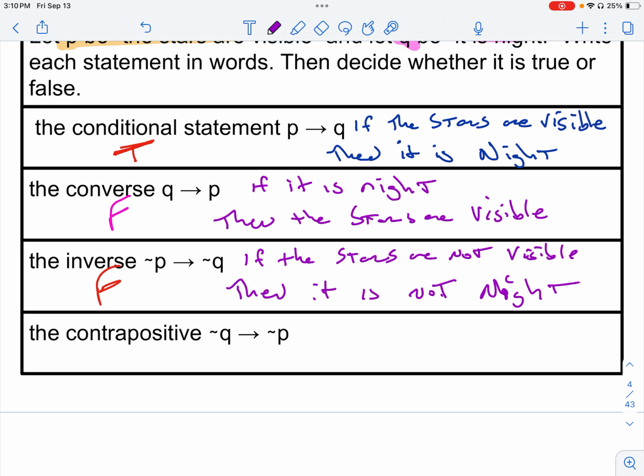Now let's take our contrapositive and reverse our P and Q and then negate them both. So if it is not night, then the stars are not visible.